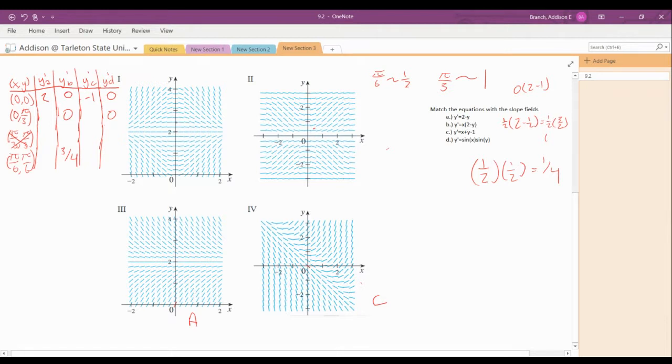And then over here, that's about 1/2, 1/2. So this one over here, 1, looks a little steeper than it does at 2. So therefore, we can say that 1 is going to be B, and then 2 is going to be D.